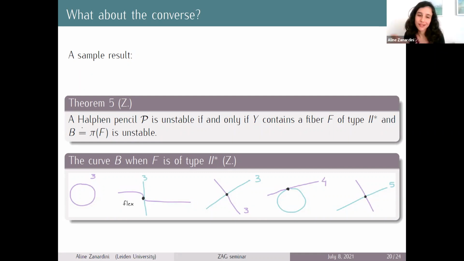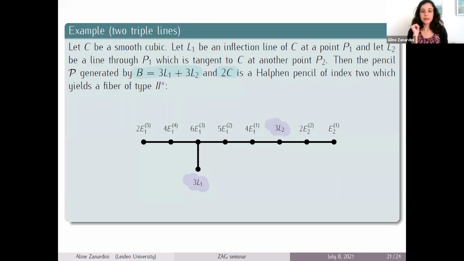So it's sort of an illustration of the theorem, and then there's also another slide about the case of higher index. Okay, so let's look at the example first, and here it is.